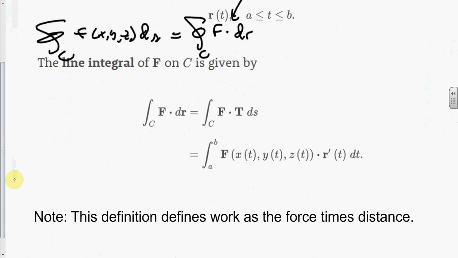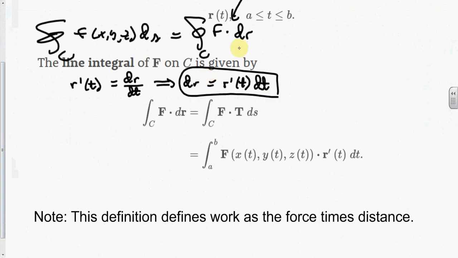Now, you remember that r prime of t is equal to dr over dt. If I treat dr and dt as differentials, then dr is equal to r prime of t times dt.